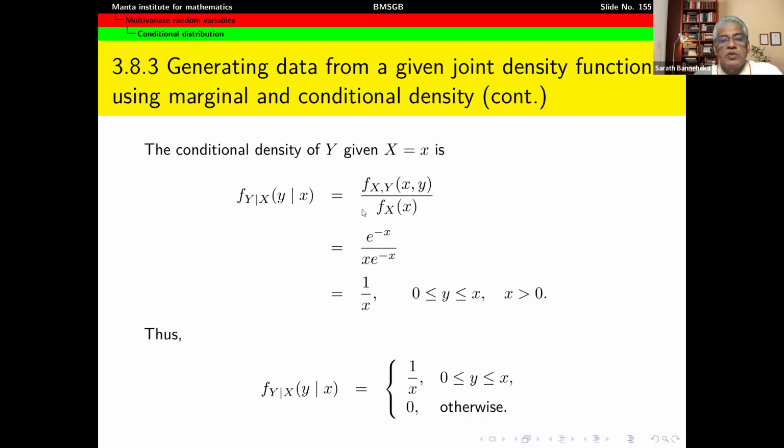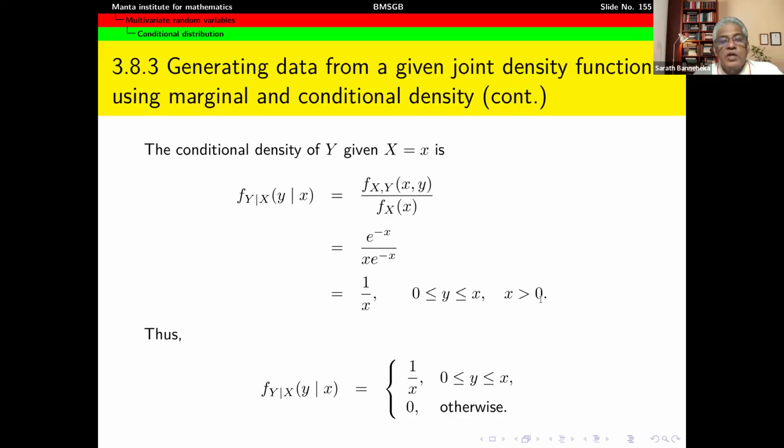Therefore, when you simplify, this is the conditional distribution of y given x. Notice that this is a function of x because this is the conditional distribution of y given x. In this case, y has to be between 0 and x, x has to be greater than 0, and of course, both have to be less than infinity.